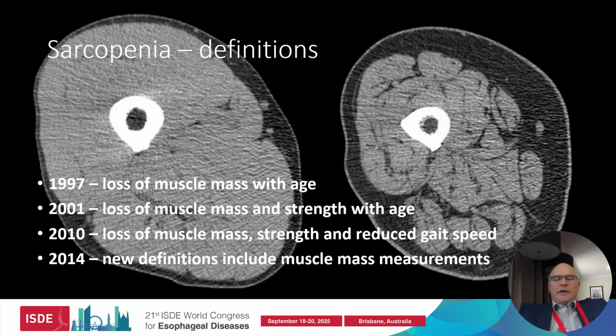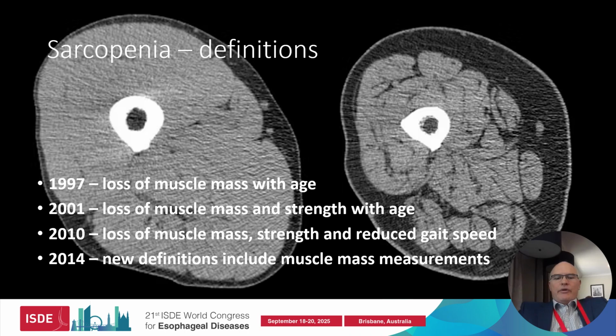Sarcopenia has many definitions. It started off just with a loss of muscle mass with age, and then people added loss of strength, and now it has particular muscle mass measurements on CT scanning, and is much more accurate.